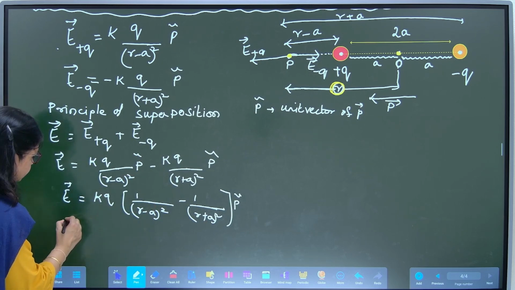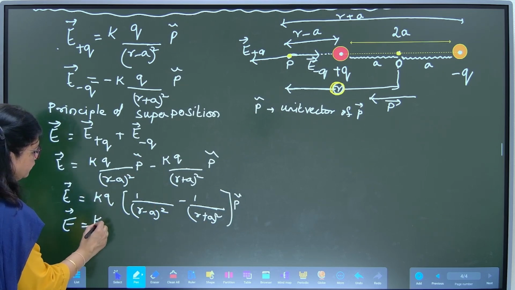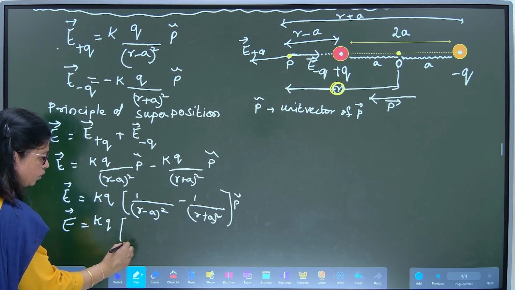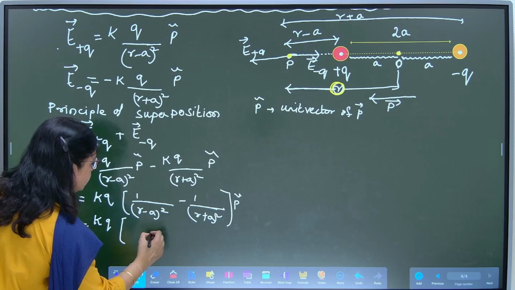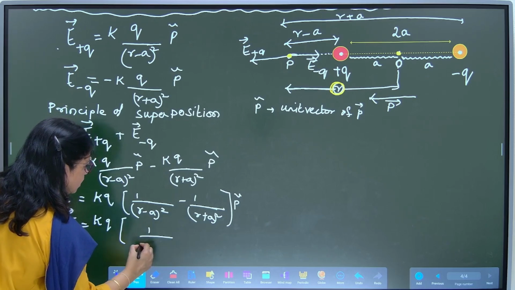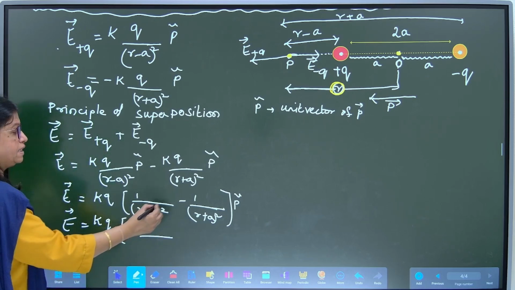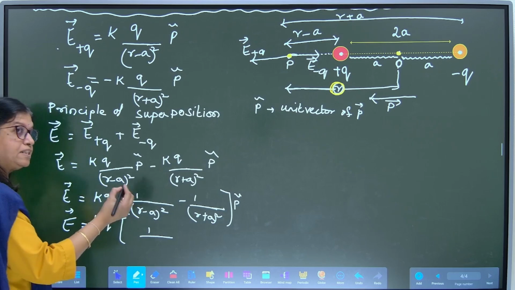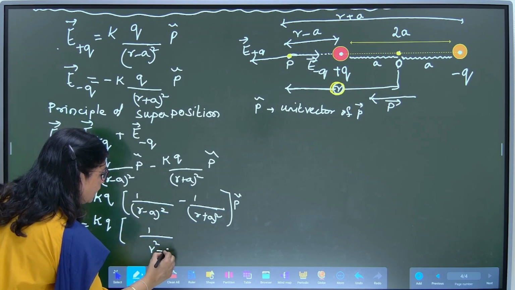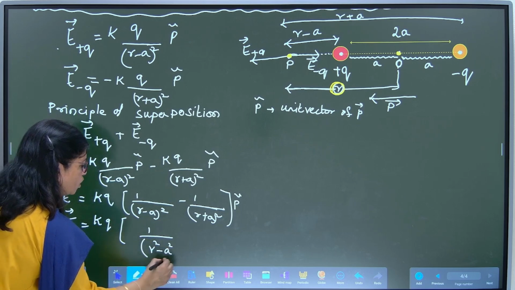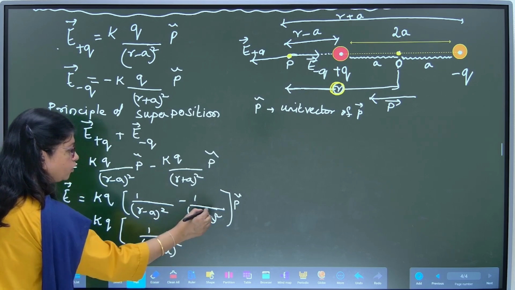Now, here I will do the maths for convenience. It can be done by everybody. You all are in 12th standard, but I just do it quickly. This is like A minus B, A plus B. So A minus B into A plus B is A square minus B square. R square minus A square within the brackets whole square, because both of them have square.